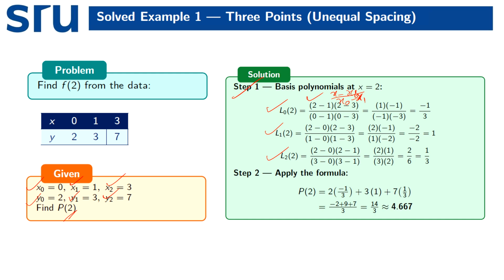Similarly, for the second factor, (x minus x2) upon (x0 minus x2), that is 2 minus 3 upon 0 minus 3. So the product comes out as minus 1 by 3. So our first basis polynomial's value at x equal to 2 is minus 1 by 3. Similarly, L1(2) you can calculate, and that value will come out as 1. And in the same way, the value of L2 at the point 2 is 1 by 3.